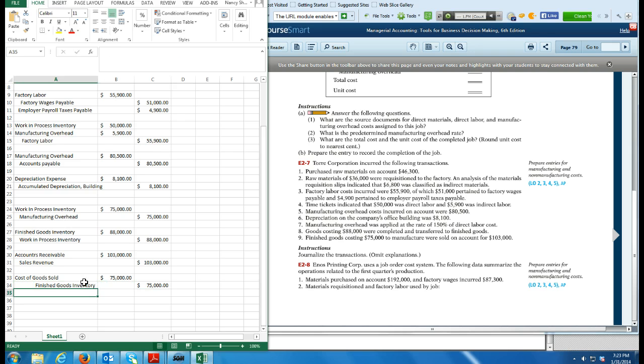Remember, it is at the point when the transaction takes place, the sale of the goods, that they no longer are in inventory, and they go from finished goods, a reduction in finished goods, and they now become, on the income statement, the account cost of goods sold. So I hope these help you in understanding the exercises from this chapter.